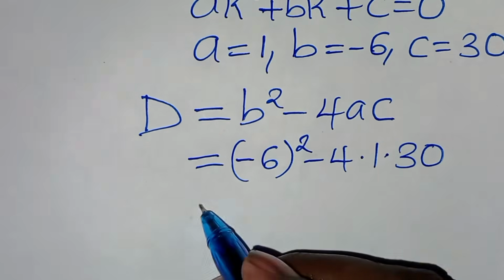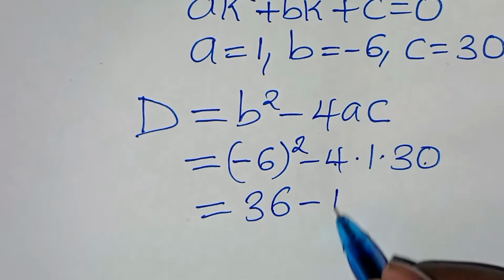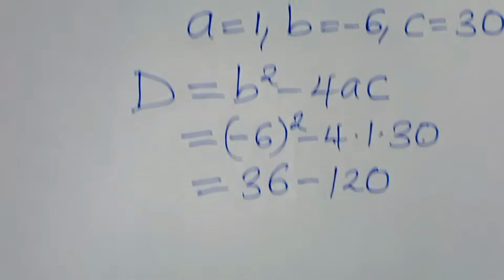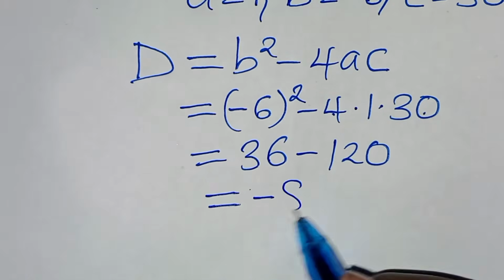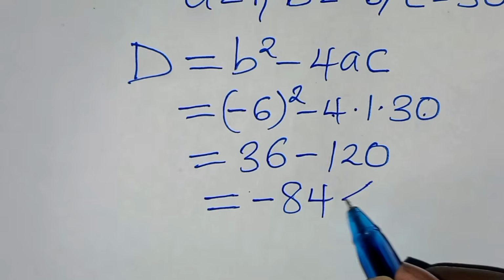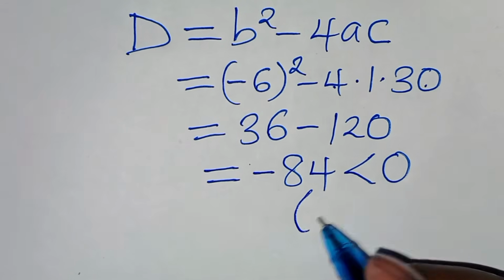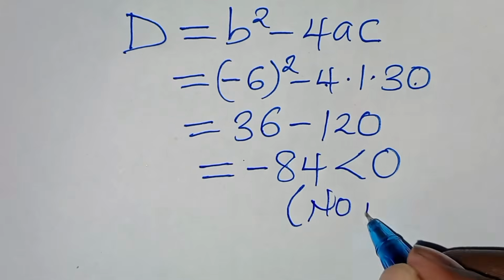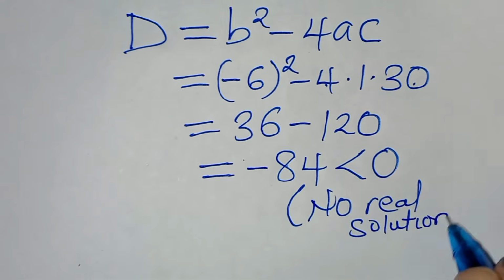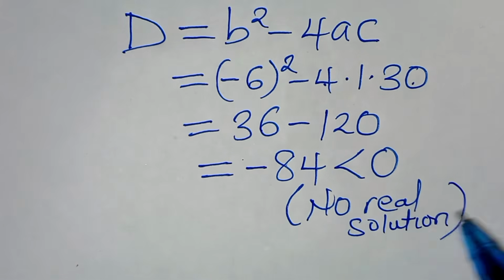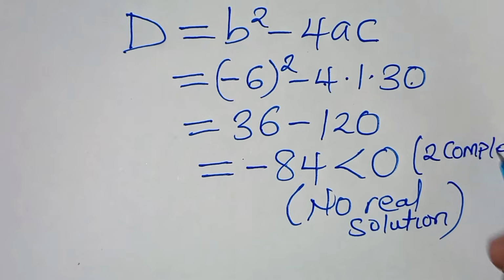So negative 6 squared is 36, subtract 4 times 30, which is 120. So 36 minus 120 is negative 84, which is less than 0. And this implies that there is no real solution. So the quadratic part will not give us a real solution. In other words, it will give us two complex solutions.